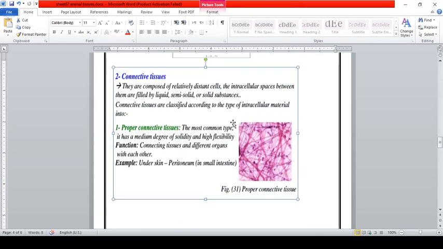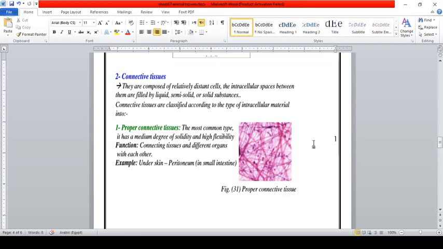Okay. The connective tissue is composed of relatively distant cells. There is distance between the cells, and between these cells are intercellular spaces filled with intercellular substance, and this substance in connective tissue has types.